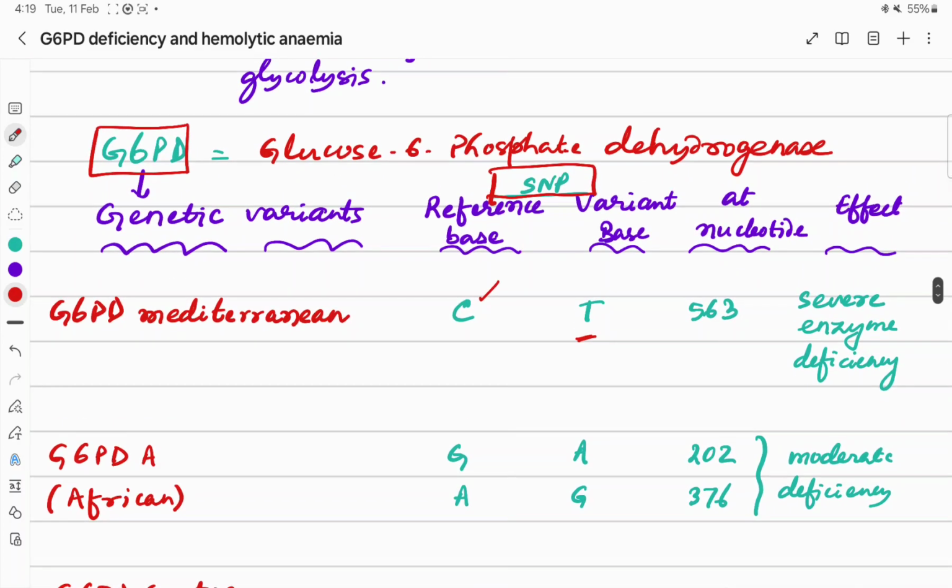So G6PD Mediterranean, the reference base C shows variations as T at nucleotide 563, causing severe enzyme deficiency. So in G6PD Mediterranean variant, there is severe G6PD deficiency because of single nucleotide polymorphism, where C is replaced by T at 563 nucleotides.